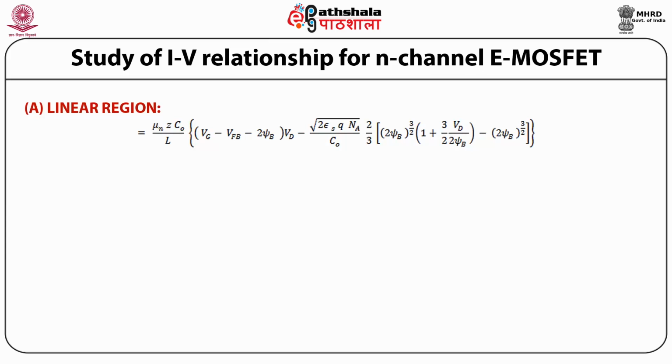Now after simplification it is equal to μn Z C0 by L [Vg − Vfb − 2ψb − √(4 εs q Na ψb / C0)] Vd.